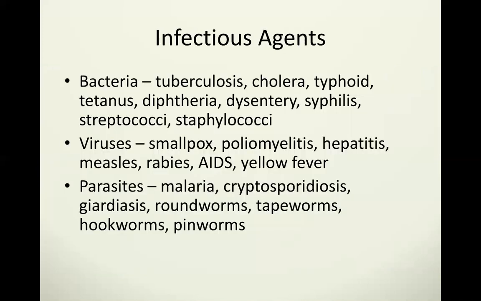So we know that we can identify the bacteria that causes tuberculosis, cholera, typhoid, tetanus, diphtheria. We know the viruses that can cause smallpox, polio, hepatitis, measles, rabies, AIDS, yellow fever. And we know that there are certain parasites that can carry malaria. Okay, so you can see the list here. And so we know that these are infectious agents that can spread diseases.